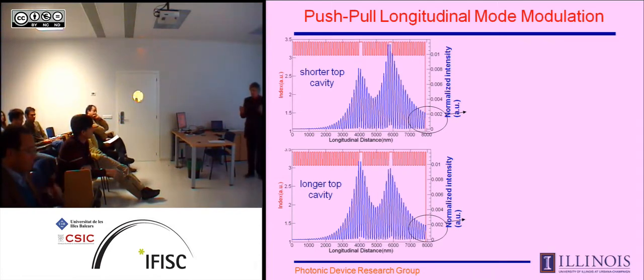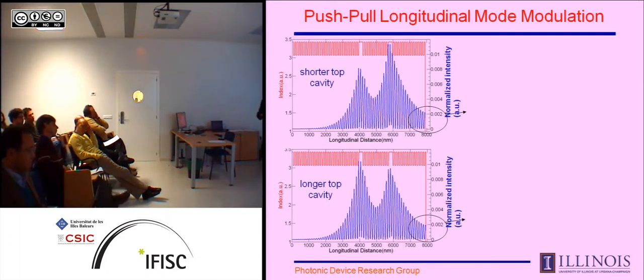We have two longitudinal modes split by, in this case, 8 or 9 nanometers. We're just looking at one of those modes, in these two different configurations. So the whole problem is actually four modes.